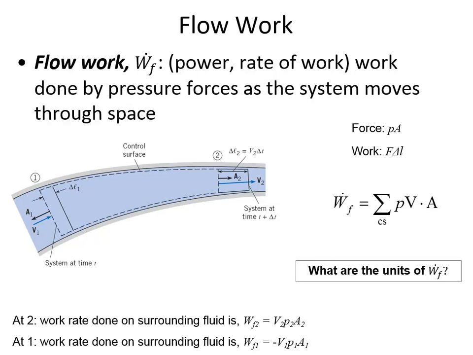Newtons per meter squared. That's what pressure is. Velocity is meters per second, and area is meters squared. And so those will cancel out. Workflow is Newton meter per second. So that's the units of flow work. Newton meter per second.